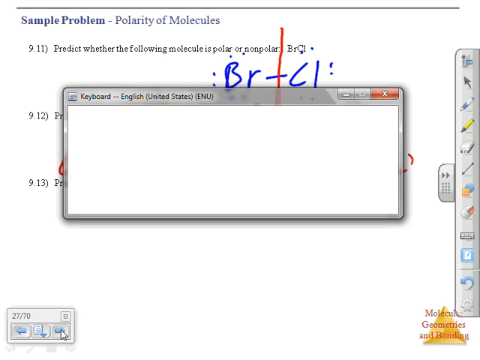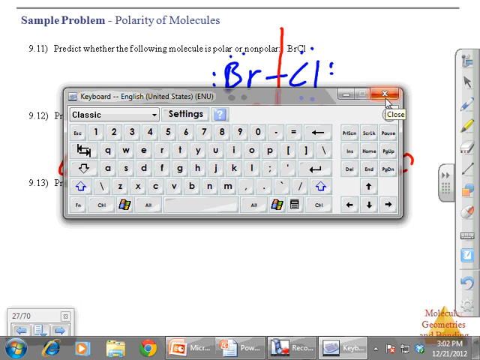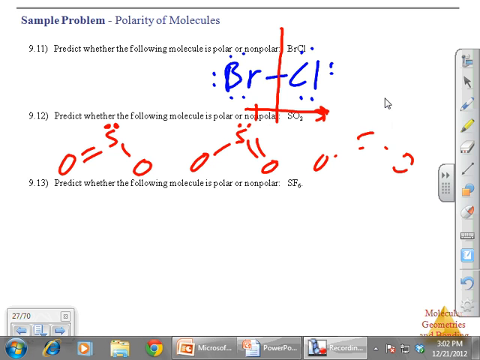Let me change that up for a second here. Make this a little bit better for us. All right. So those are the three resonance structures.